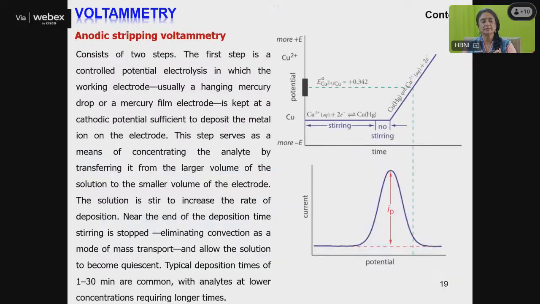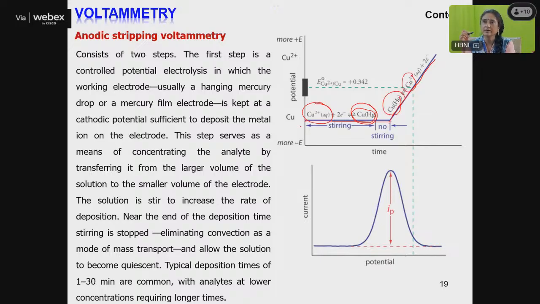Now the details. In any case, whether it is anode stripping or cathode stripping, what is happening? First, you apply some potential for this much time. In this case it will all deposit, and then you strip it back. So you see copper 2 plus becoming copper, getting deposited in mercury as an amalgam. After that, you again scan the potential so that the mercury amalgam comes back to copper 2 plus.